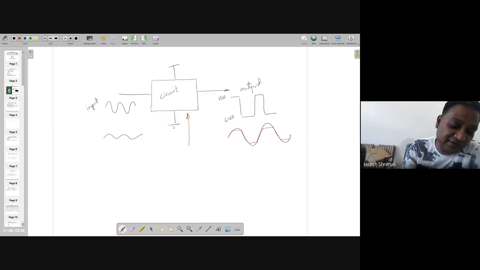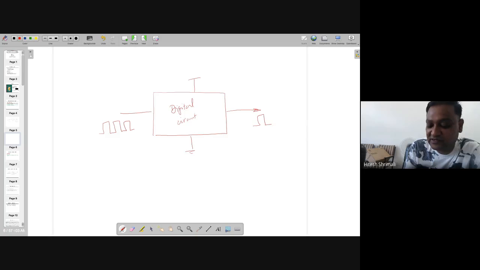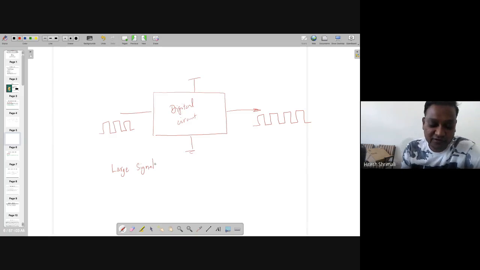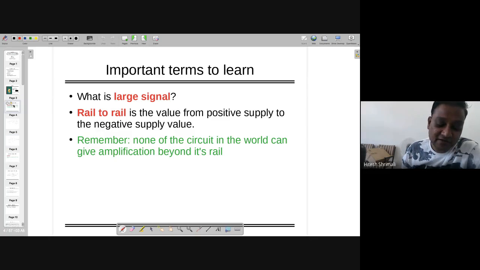Notably, in our circuits, when they are digital circuits, the input is going from 0 to VDD, and the output is also expected to go from 0 to VDD. It's a square wave, so in that case we are dealing with the large signal. We don't deal with small signal, but there might be some places where we can use small signal as well if required. But this is the basic difference.